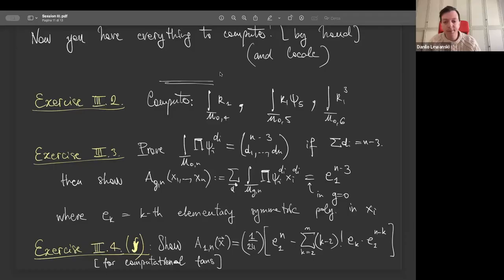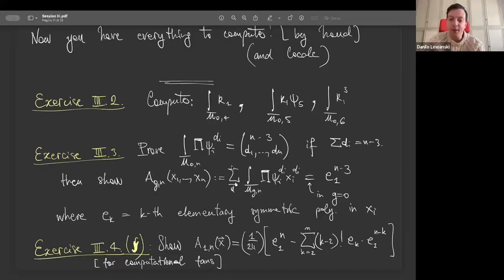And then, the other nice thing is to collect these numbers into generating series. That's something that people often do. You can form this big A_{g,n} of x1, ..., xn.